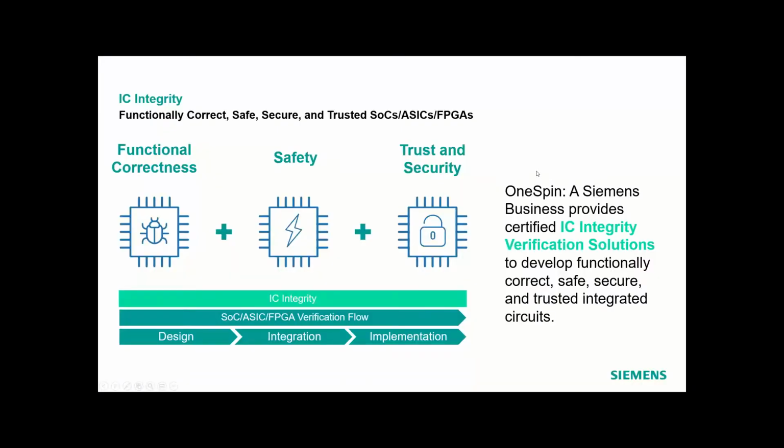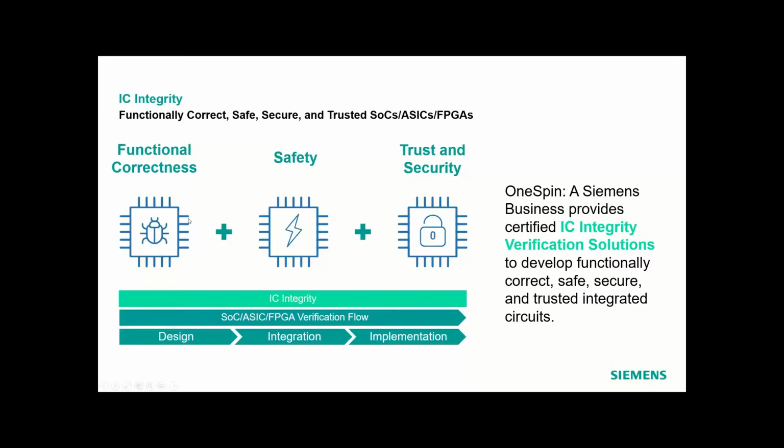Okay, so just quickly about OneSpin. OneSpin is a company that is based mostly in Munich, Europe. Our headquarters is in Munich, and OneSpin is based on formal engines that have different solutions to functionally verify the correctness of your design, and also to verify safety, security, and trust of your ASIC, FPGA, and different designs.